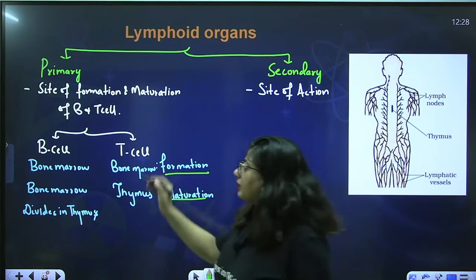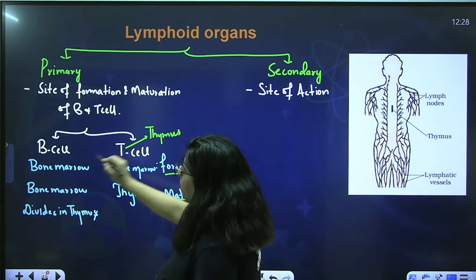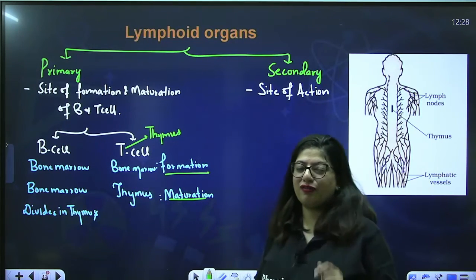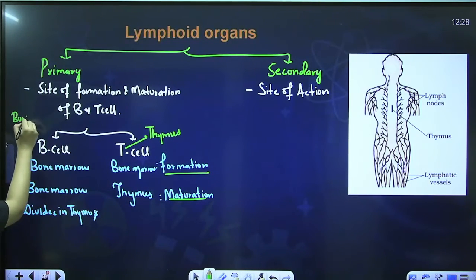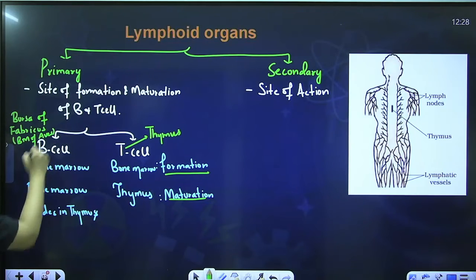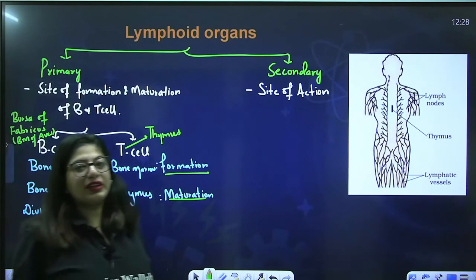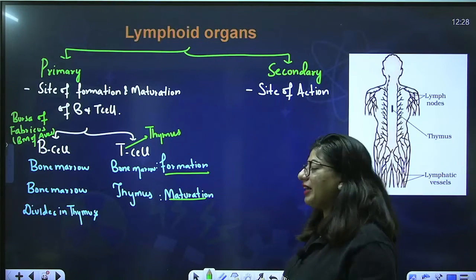That's why the T cells got their T from thymus, and B cell got its B not from bone marrow, but from bursa of Fabricius. Bursa of Fabricius is the bone marrow of birds or aves. Fine. So this is how it got its name, B cell.